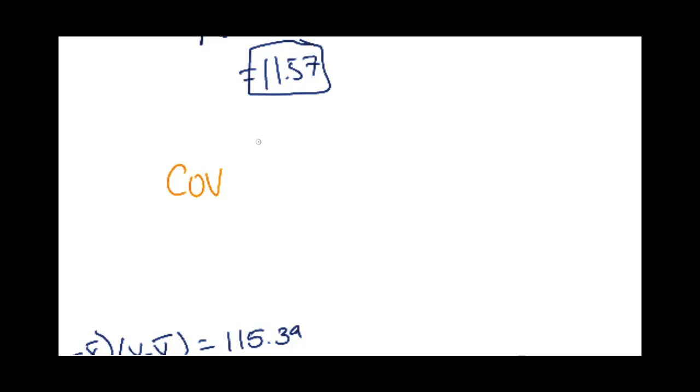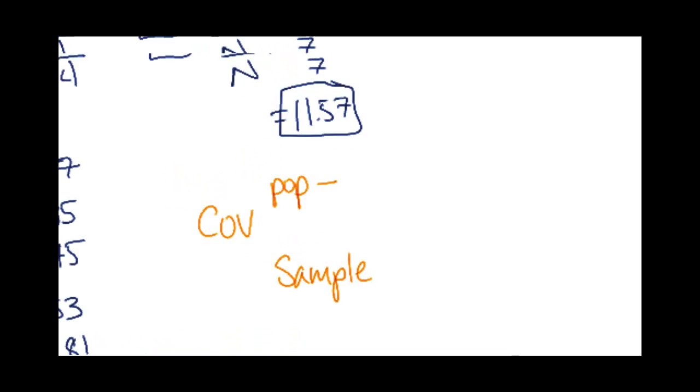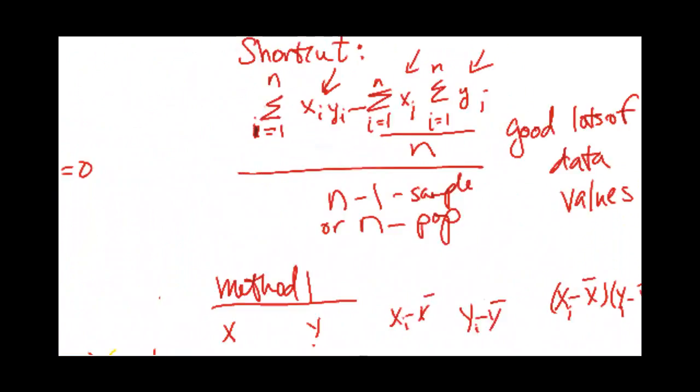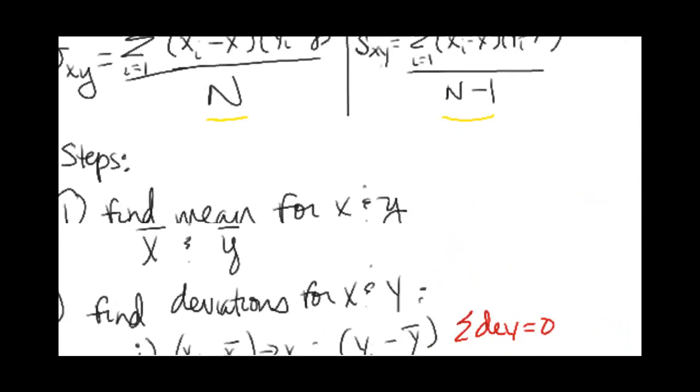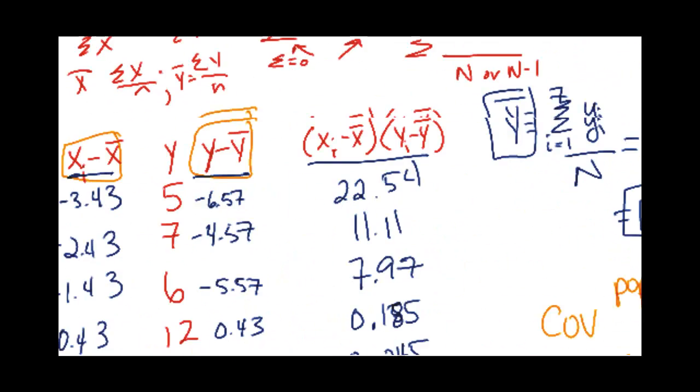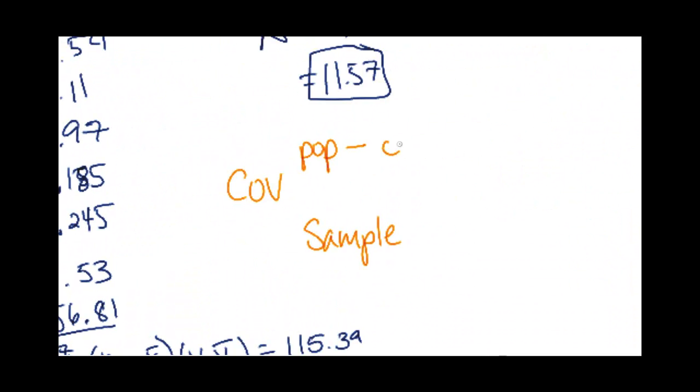Then to get the covariance, it depends if we're talking about the population or the sample. For the population, the denominator is n. If you remember from the very beginning, the denominator is n, and then n minus 1. That's the only difference. I'll do the general formulas for you.